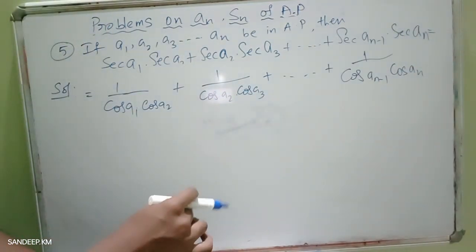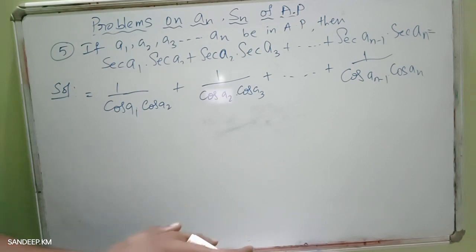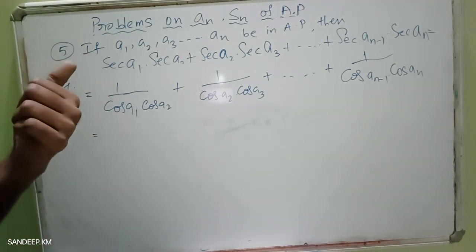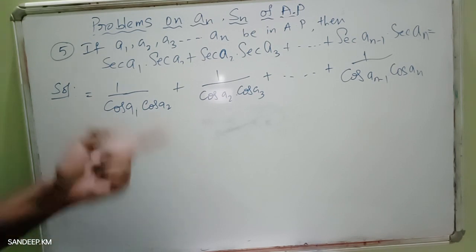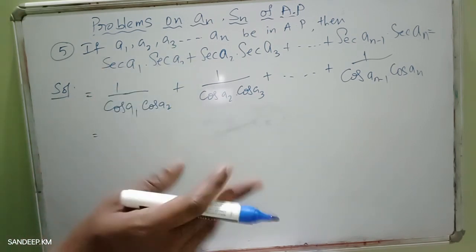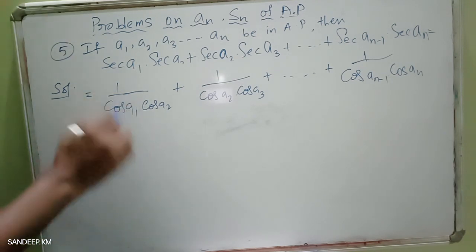Okay, now the decision making step. By practice you'll get these kind of ideas, but if it is first time, just think why we are doing this. In the previous question I multiplied with common difference in the numerator and denominator, and in this question I'll multiply with the sine of common difference in numerator and denominator. Okay na? So sine of common difference.